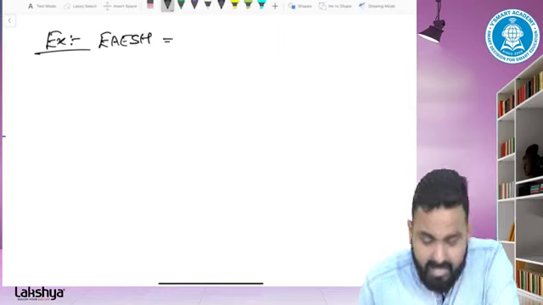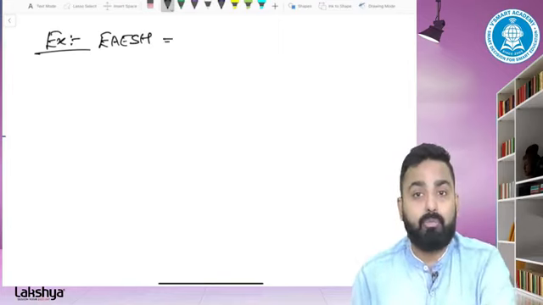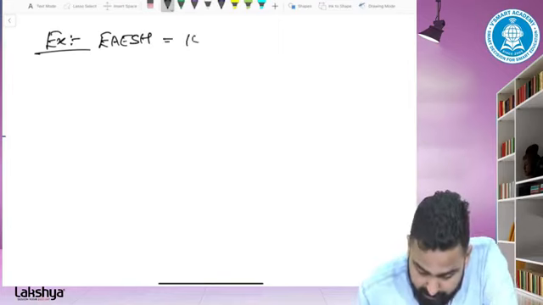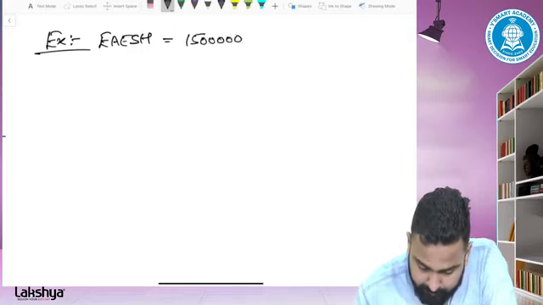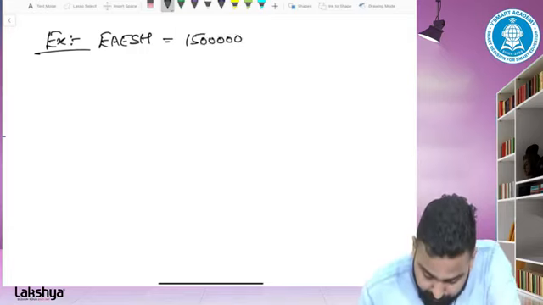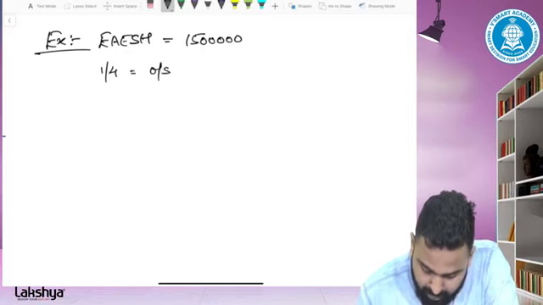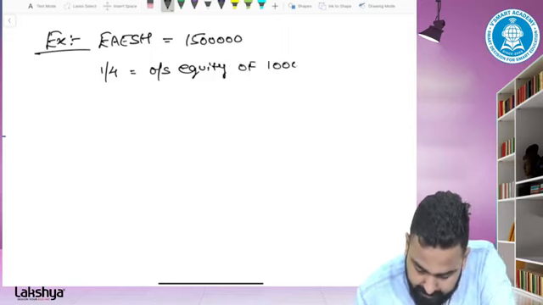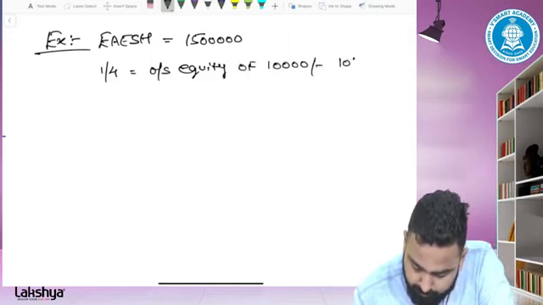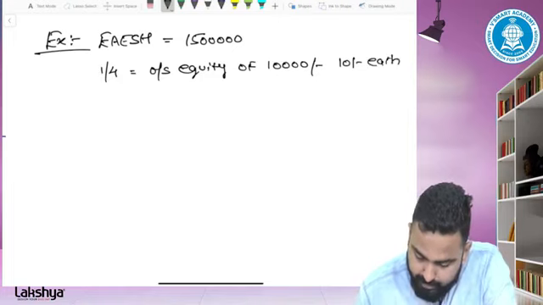EAESH, the numerator, earning attributable to equity shareholders, is 15 lakhs, right? On 1st April, outstanding equity shares of 10,000, 10 each.